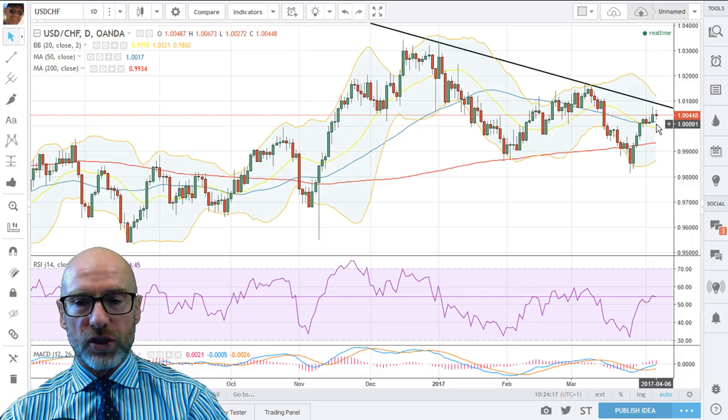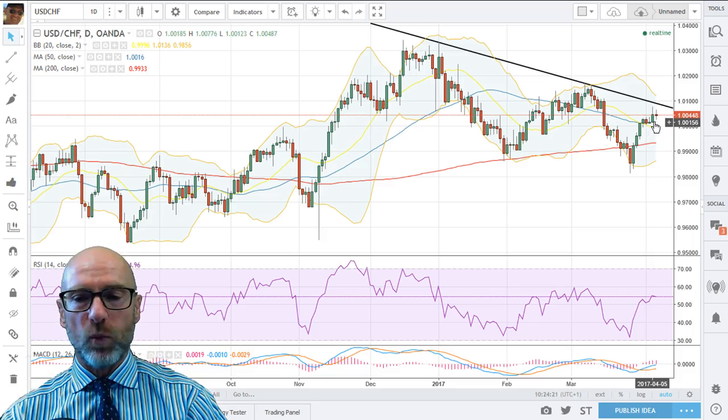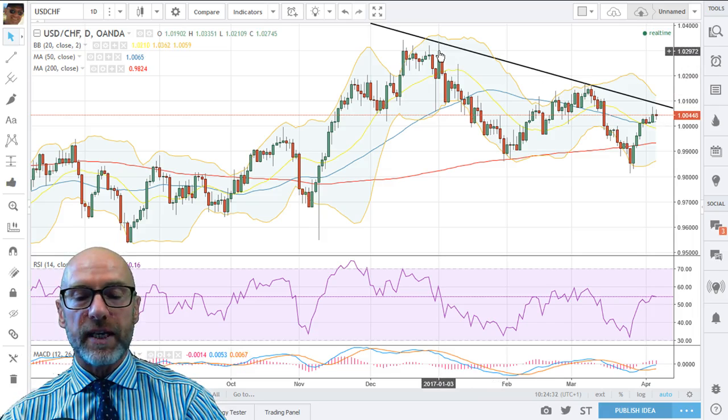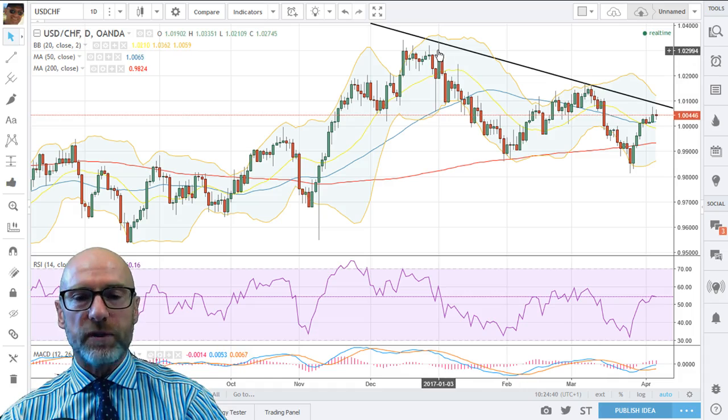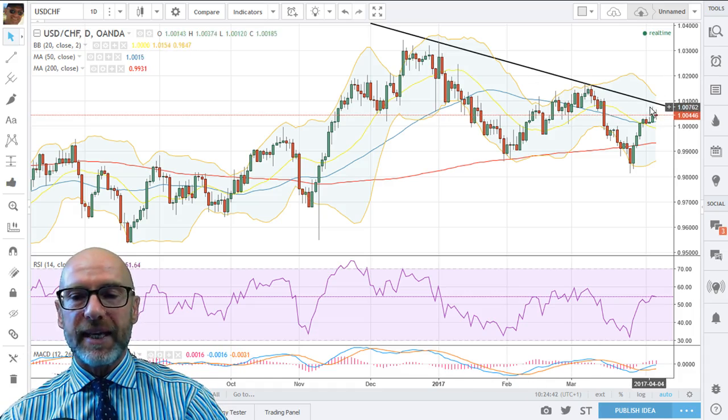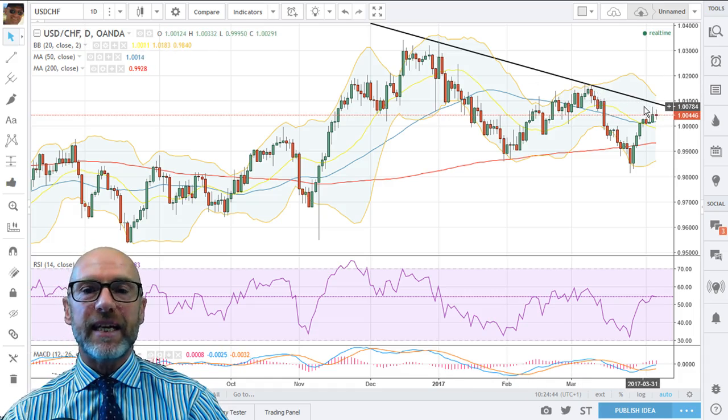And in the shorter term, you can see that we found support at the 50-day moving average, and we've now moved above it. I've drawn this trend line through the highs of the 1st of March and then the 7th of March and the 3rd of January, and that seems to me to be a key level.